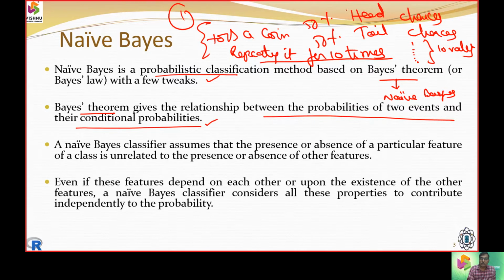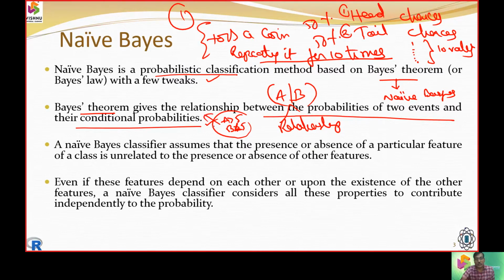So there are two events, head and tail, and the Bayesian theorem finds the relationship between A and B. It will identify the relationship and some conditions, like A greater than 5 and B greater than 5 or B less than 5. In this way it puts some conditions, and once a condition is met, thereafter it will produce an answer.